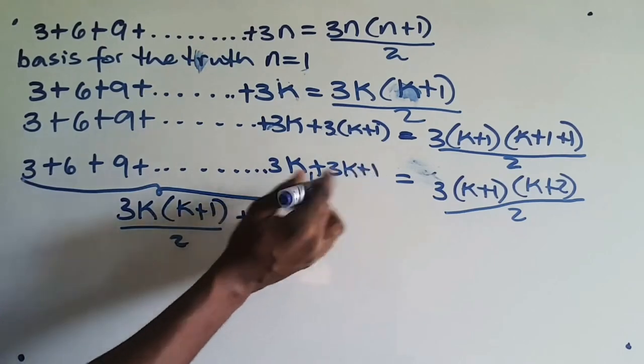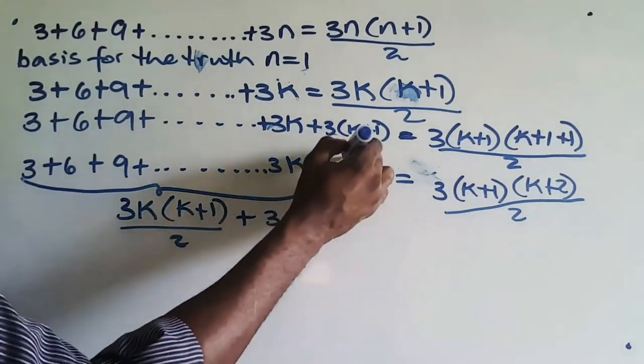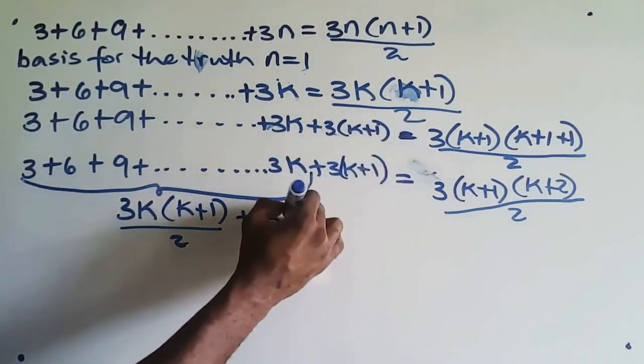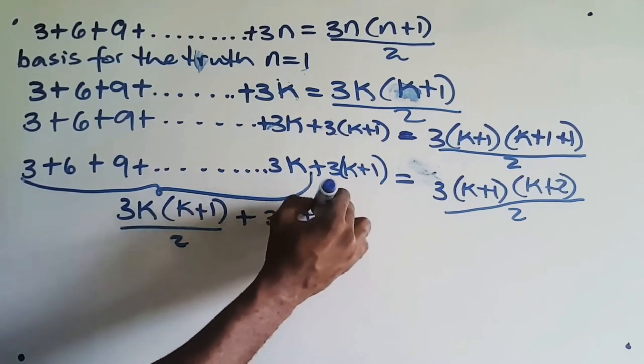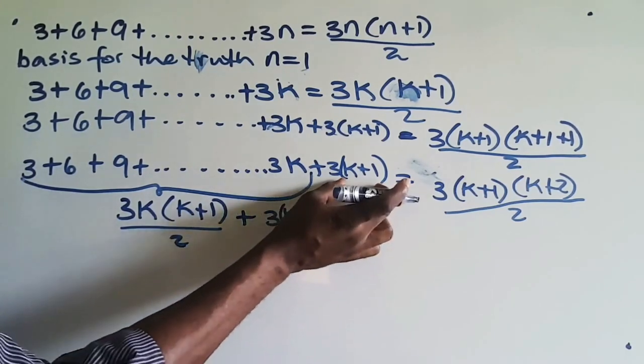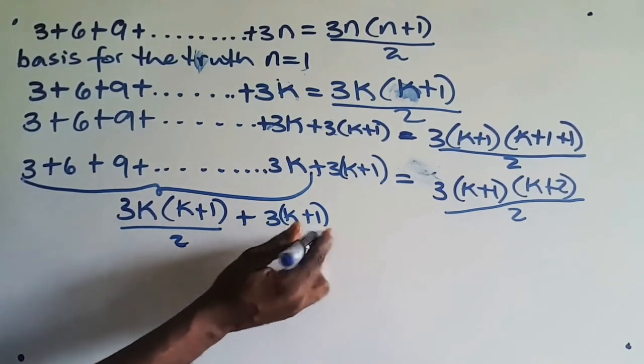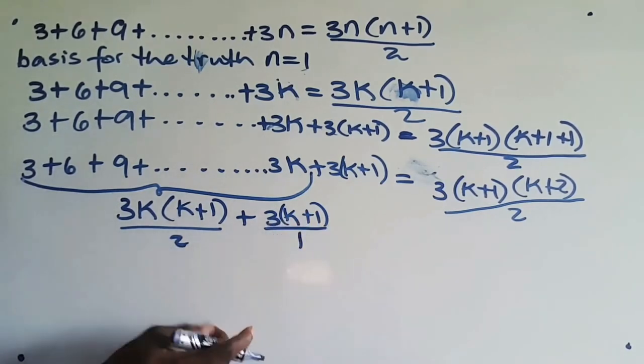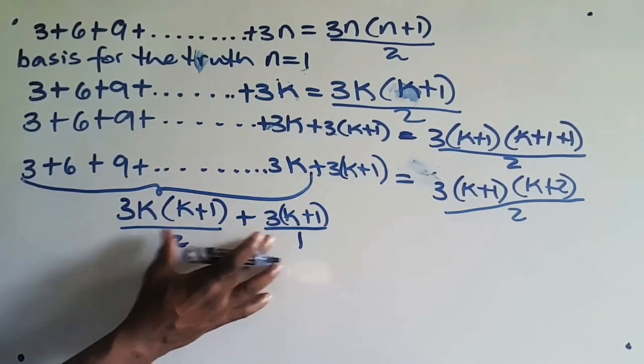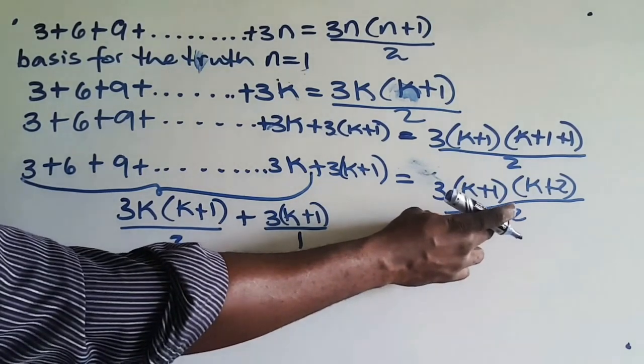Therefore, if we add this to it, I think I wrote that bad. All right, 3k plus 1. All right, people, I made an error there, so that's it. Sorry. So 3k plus 1 over 1. We are supposed to use this, and it should equal to that.